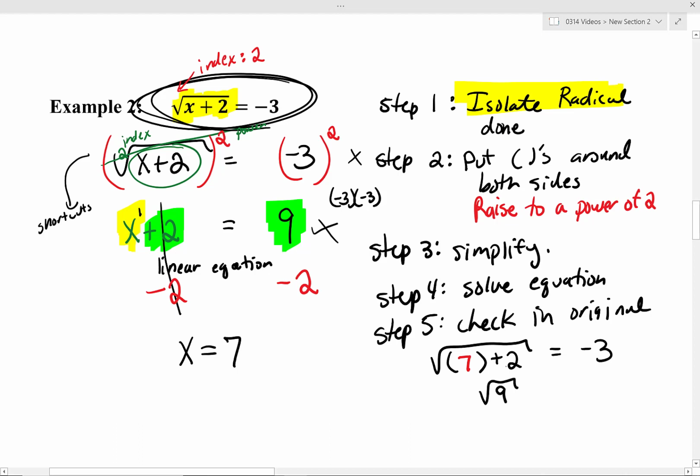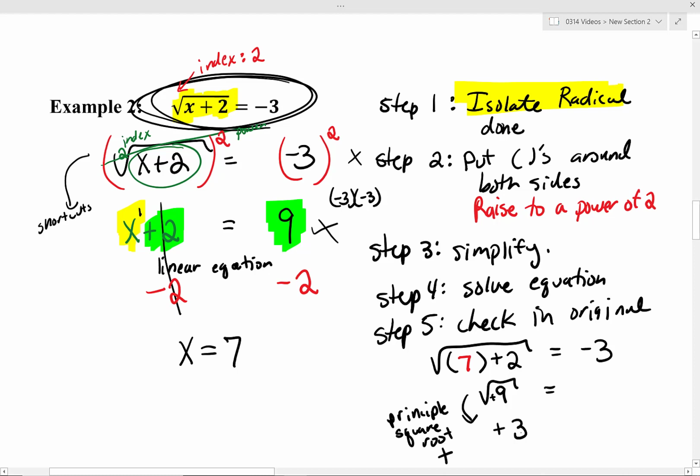Remember, the square root is still there. Well, what is the square root of 9? The square root of a positive number is always also a positive number. So the square root of 9, remember we always choose that principal square root, which means we always choose the positive.